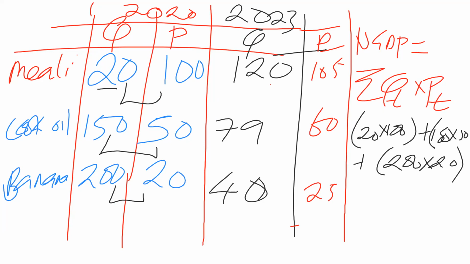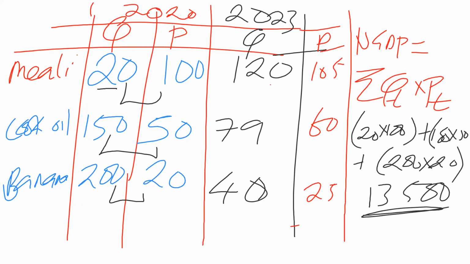And what is the nominal GDP? $13,500. Keep that in mind. That's the nominal GDP for 2020.